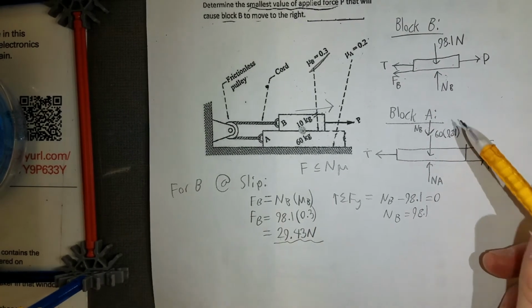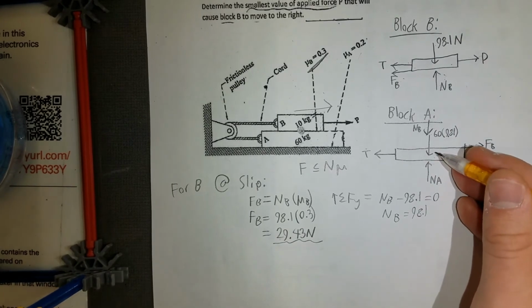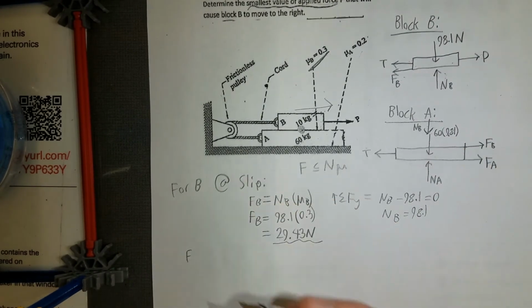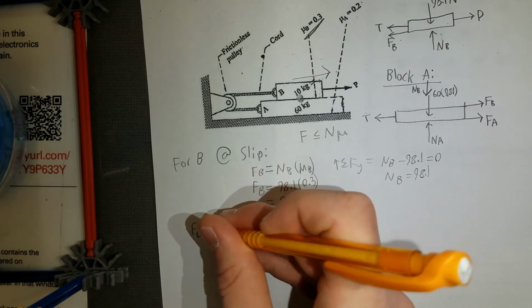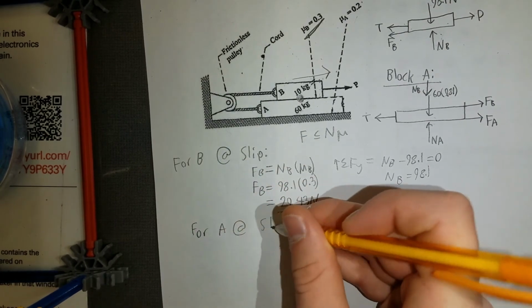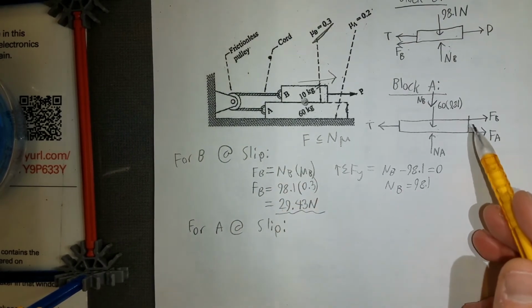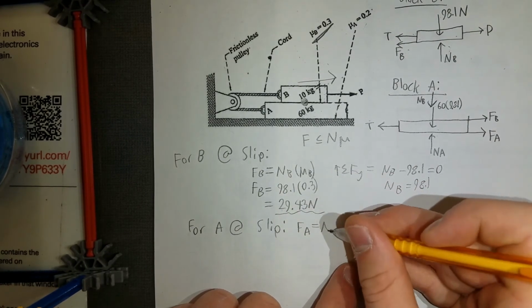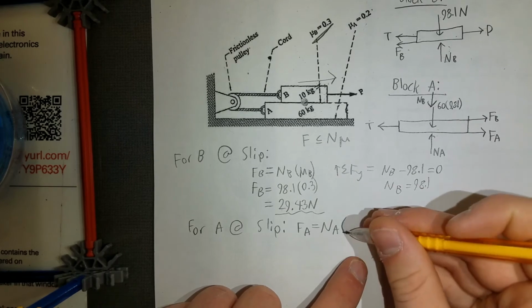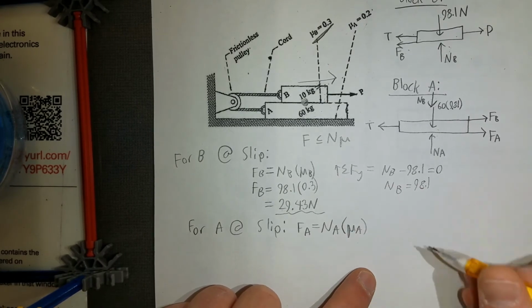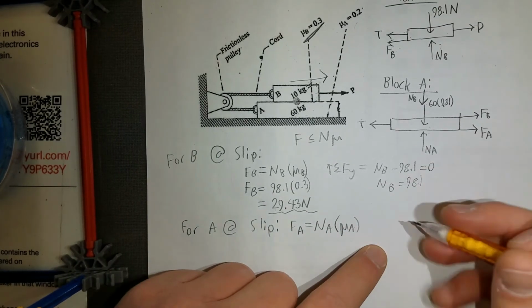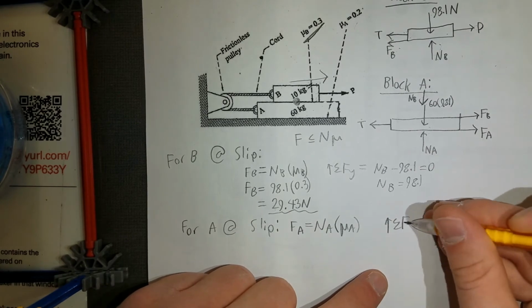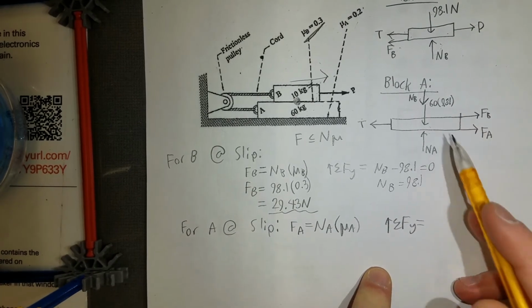In order to find out what this tension force is, we're going to have to take a look at block A. So for block A at slip, it's going to be a similar deal. We need to know that FA is going to be equal to NA times mu A. And this is where we again sum the forces in the y.